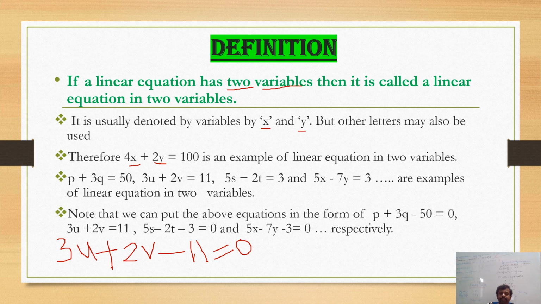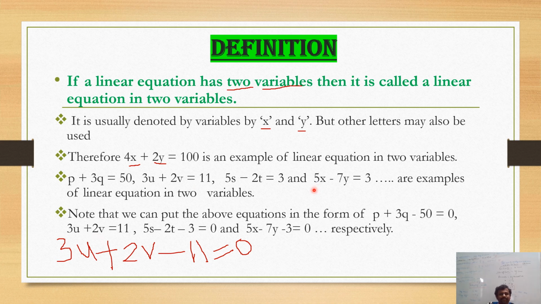And we can write p plus 3q is equal to 50 as p plus 3q minus 50 is equal to 0. So observe, using these forms, we can write the general form of a linear equation in two variables.